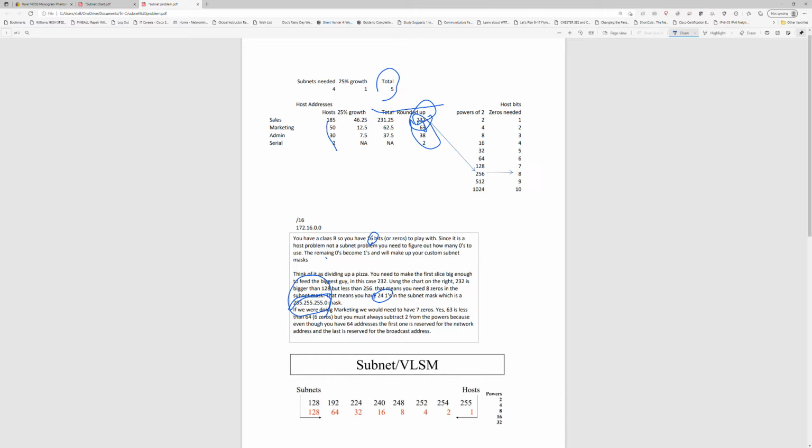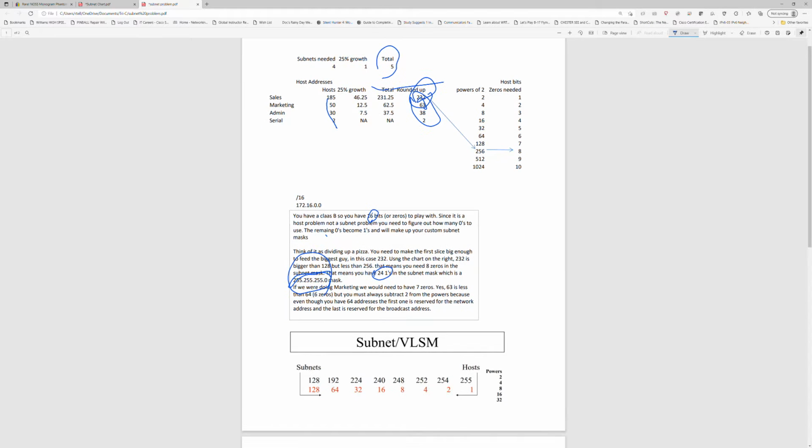So for example, if we were doing marketing, which was 63. So if we were to go down and find 63, 32 is too small, 64 is too big. So we might think, oh, you need 6 zeros. But 63, yes, it's smaller than 64, but you remember, this powers of 2 tells you how many addresses you have.